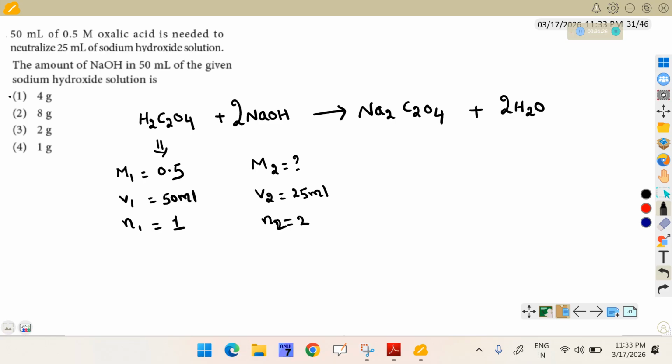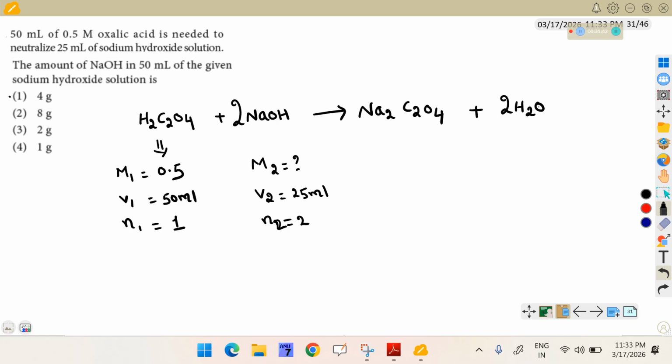50 ml of 0.5 molar oxalic acid is needed to neutralize 25 ml of sodium hydroxide solution. Find the amount of NaOH in 50 ml of the given sodium hydroxide solution.